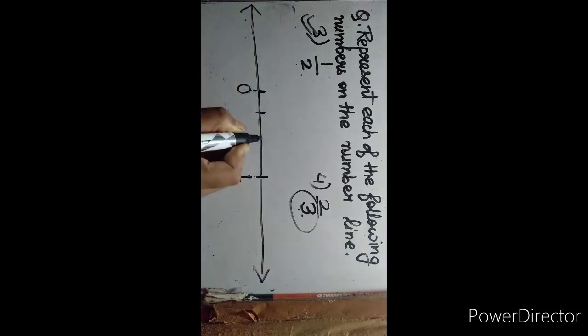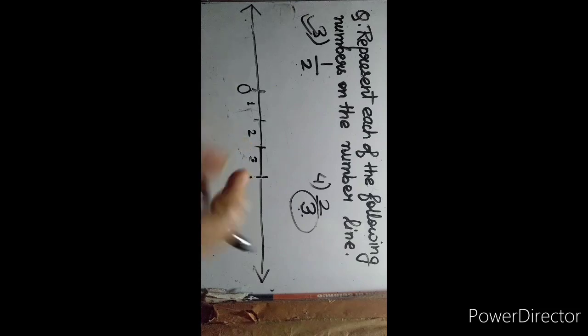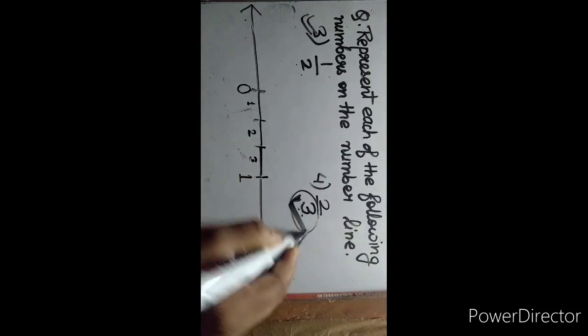1, 2 and 3. Three equal parts means 0 to 1 first part, 1 to 2 second part, and 2 to 3 third part. We divide this 0 to 1 into 3 equal parts, as the denominator is 3.